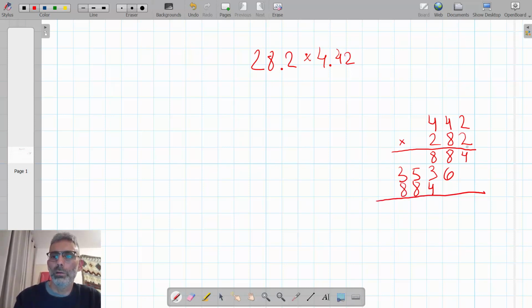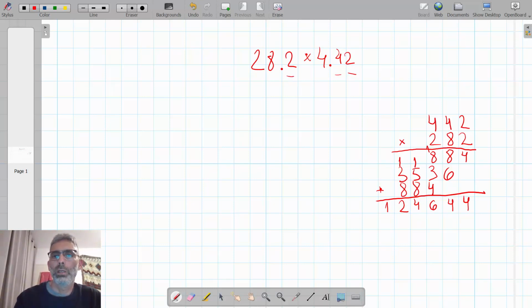Now I add 4, 14, 9, 1 plus 8 is 9, 9 plus 3 is 12, 12 plus 4, 16, 1 plus 5 is 6, 6 plus 8 is 14, 1 plus 3 is 4, 4 plus 8 is 12. Now I count the digits to the right of the decimal point.